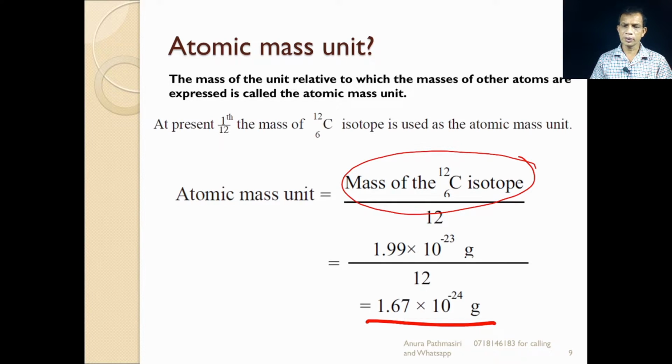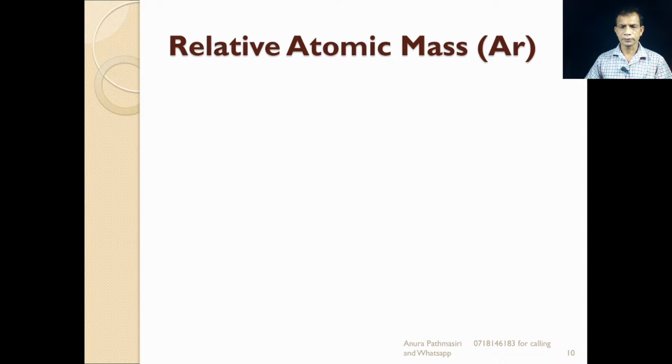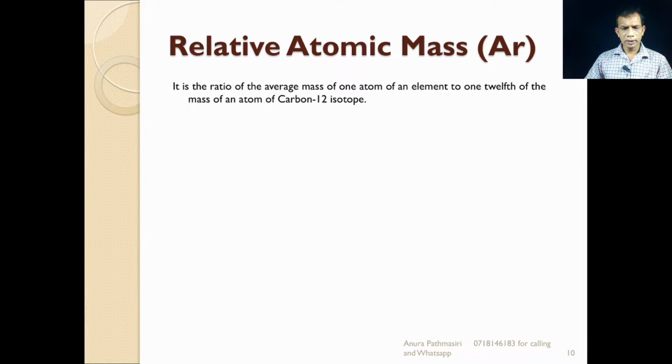So the atomic mass unit will be used hereafter for relative atomic mass, or Ar. It is the ratio of the average mass of one atom of an element to 1/12 of the mass of an atom of the carbon-12 isotope.